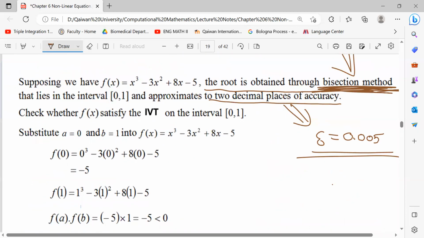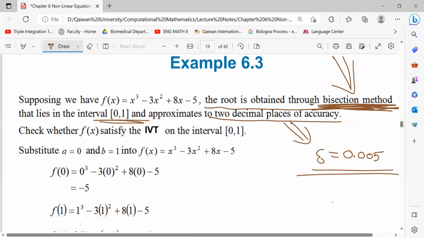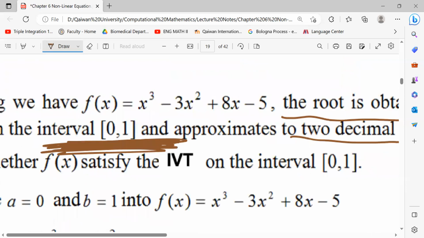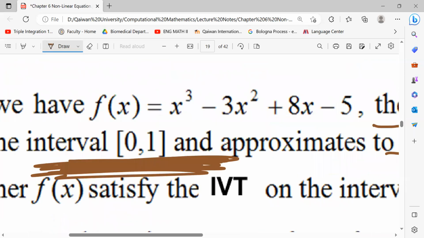We now need to first check whether this interval satisfies the intermediate value theorem or not. It must satisfy. We must have a solution in the interval, then we apply the bisection method. How to check if we have a solution in that interval for that function?